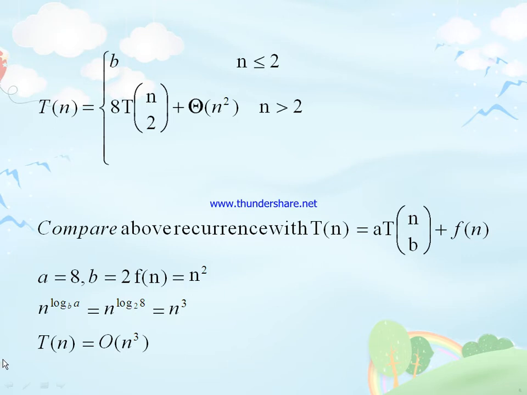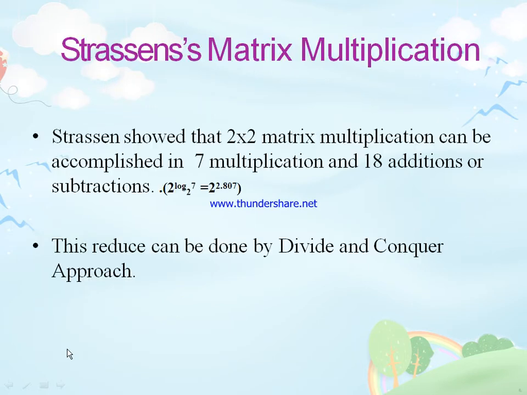How can we get n cube? 2 cube; log 2 base 2 means 1, since the base and value are both the same. For a logarithmic function, its value is 1. So n power 1 into 3, that is 3. So n cube. So the time complexity of n is order of n cube.